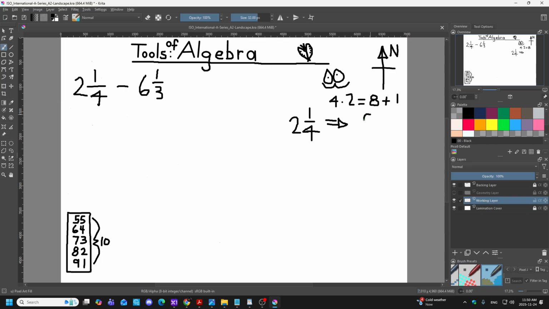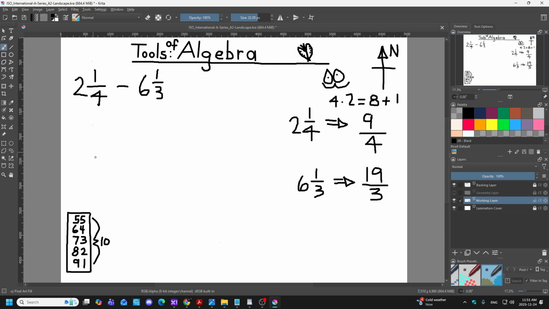Okay, that's going to give us 9/4. Let's do the other. It's the same steps, guys and gals, same steps. It's really that easy. Okay, 6 times 3 is 18 plus 1. 18 plus 1 is 19. Denominators are always unchanged, okay?